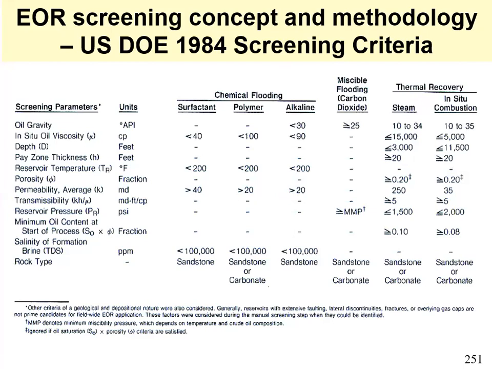So you see that different properties are listed, and then some guide to, for instance, if you're having the oil gravity for your crude to be less than 25 API, you definitely would not be considering miscible flooding.